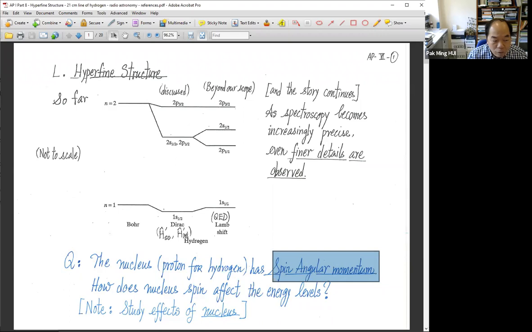But this time, not for the electron, but for the proton. Okay? The question is, will that give some effect?